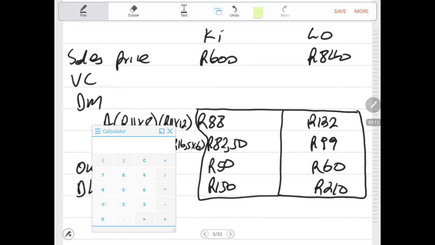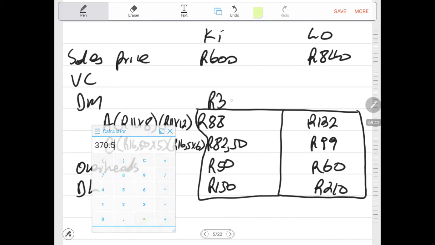We have 150 of labor. We have 82 or 50 Rand first, plus 88 plus 82.50 plus 82.5.